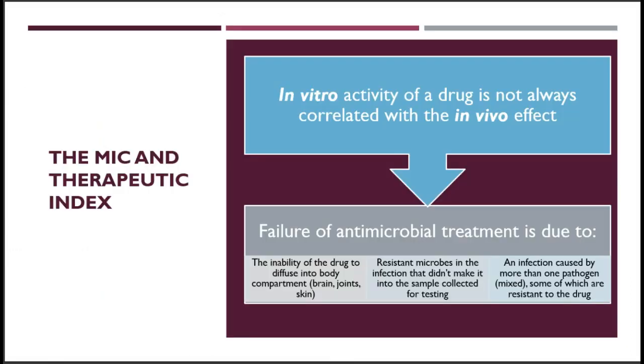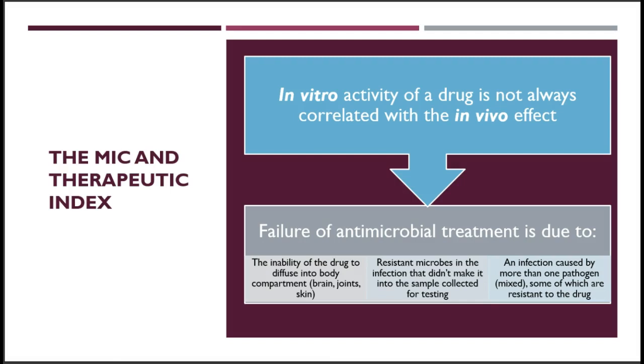All right, so when we're looking at minimum inhibitory concentration and determining a therapeutic index, what's going to be the best concentration of that drug, we have to consider some other factors, and that is that organisms do not always perform the same in the laboratory or in vitro as they do in the body or in vivo.